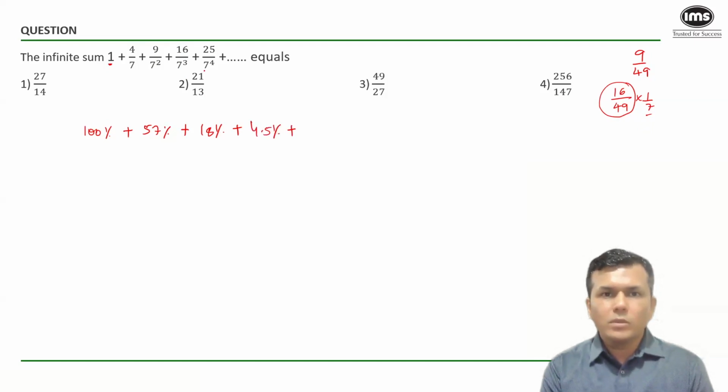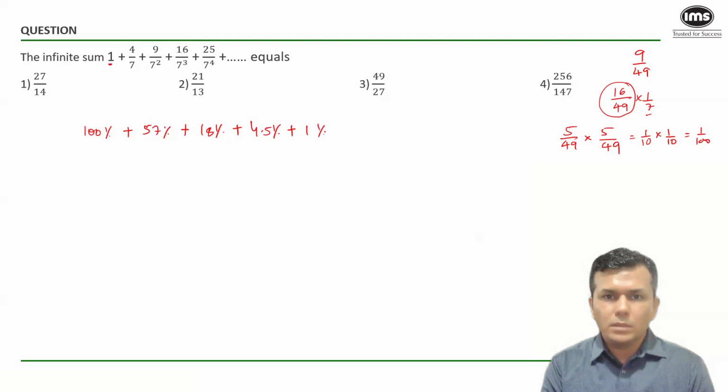What about 25 upon 7 raised to 4? So we can write it as 5 by 49 into 5 by 49. Okay, this is 25 upon 7 raised to 4. 5 by 49, approximately 5 by 50, and hence 1 by 10. This is also 1 by 10. So 1 by 100, and therefore approximately 1%. Right?